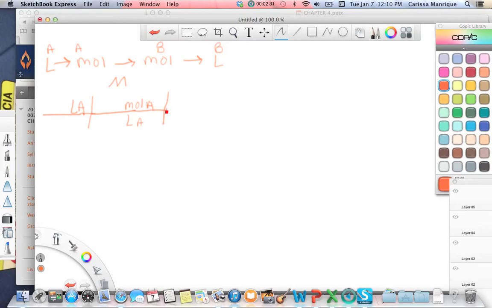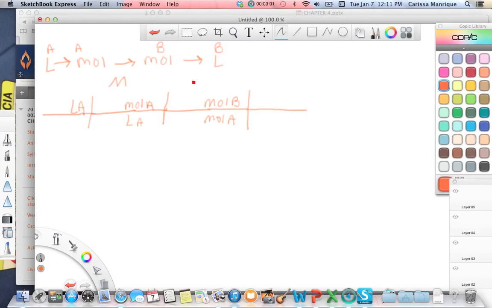And then we're going to go to moles of B. Remember, anytime you go from a mole to a mole, that's the mole ratio. So moles of A, moles of B. You see, this is very similar to the gram to gram, with the mole-to-mole ratio. And here, instead of grams per mole, we'll have liters per mole, just because we start with a different unit.